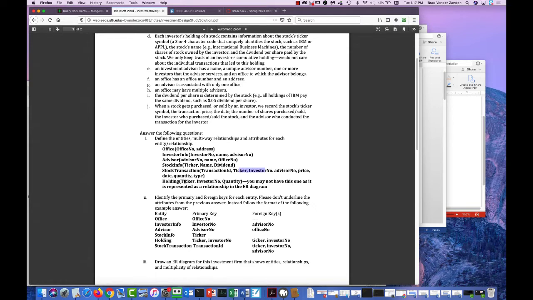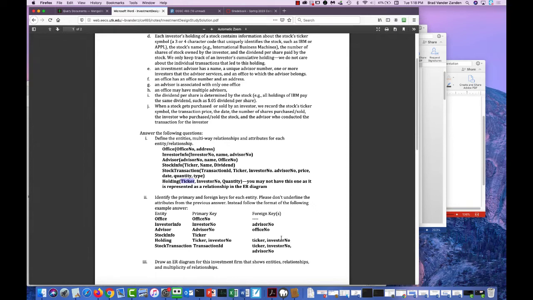And for holding, again, it's a relationship. So all subcomponents of the primary key are also foreign keys right here. So here, notice that attributes could be both primary keys and foreign keys. When does that happen? Typically in a relationship.